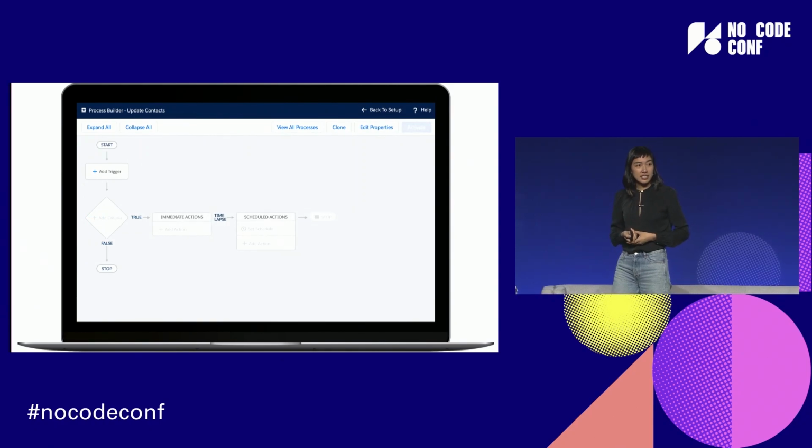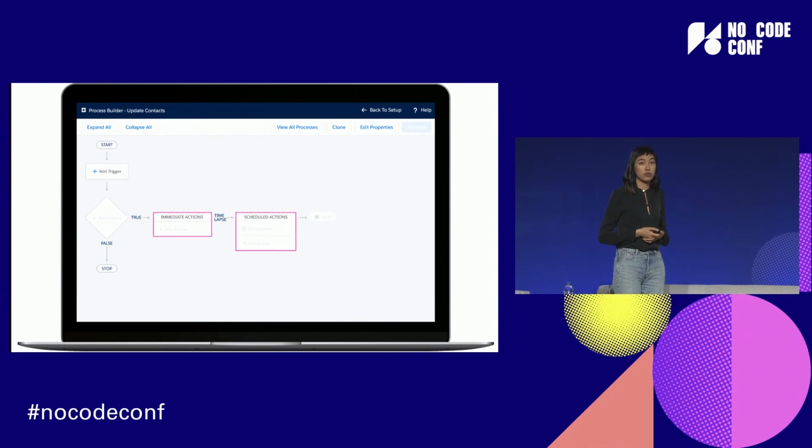By contrast, Process Builder, which was designed for a more novice user in mind, has this as its empty state, as its blank state. Right away, the user is being introduced to the basic structure of a program. There's a prompt to add a trigger, add some conditions, and also add some actions, right?